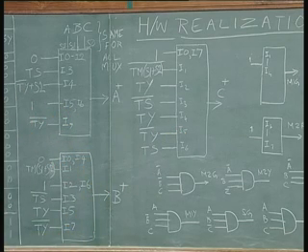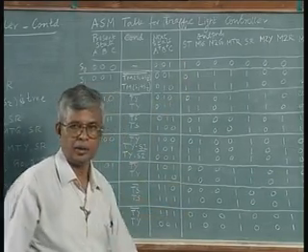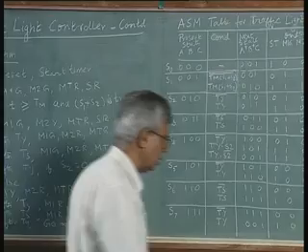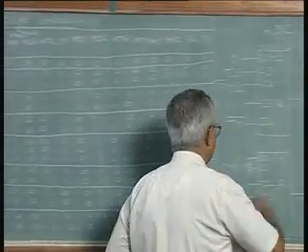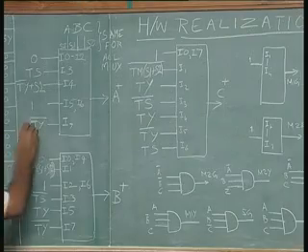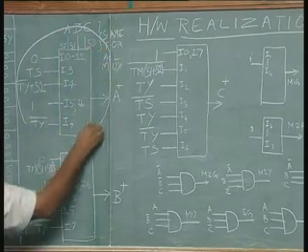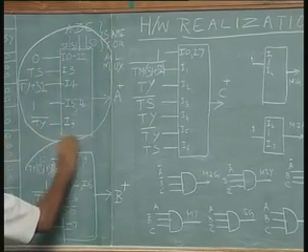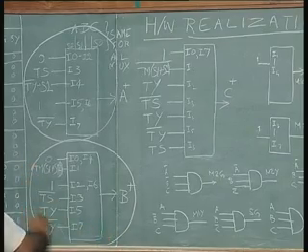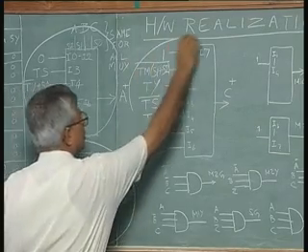I will give you one example, the rest you can see. For example, we will see how to get the start as an output. These are the next state variables, A plus, B plus and C plus.